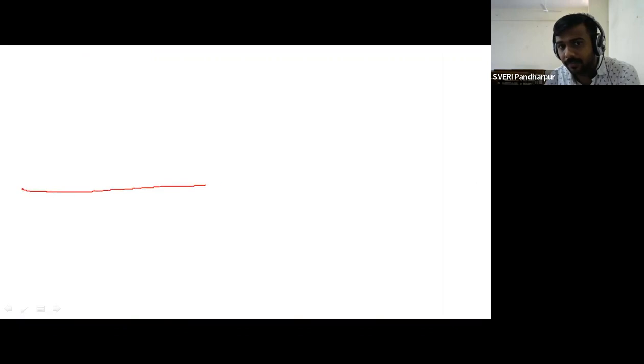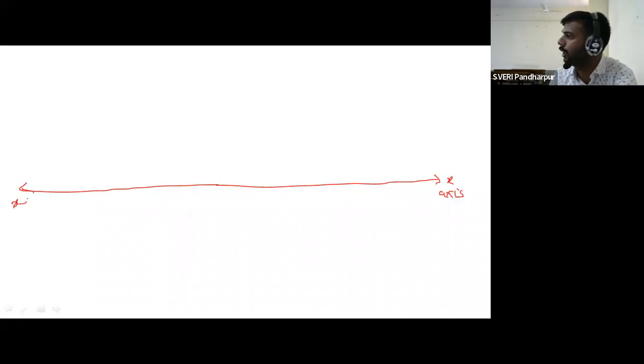Now make your notebook horizontal. Both values are positive, so you just leave maximum space to the right side of the origin. Draw one horizontal axis at the center of your notebook. So this is the horizontal axis, the x-axis, exactly at the center of your notebook.